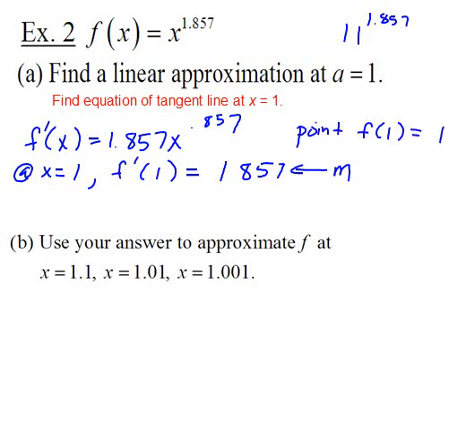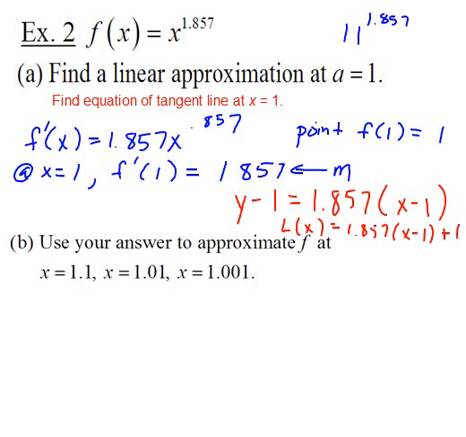The point of tangency occurs at 1, f of 1, which is 1. So the line through 1, 1 with slope 1.857 has the equation y minus 1 equals 1.857 times x minus 1. Isolating y, our linear approximation near x equals 1 is 1.857 times x minus 1 plus 1.